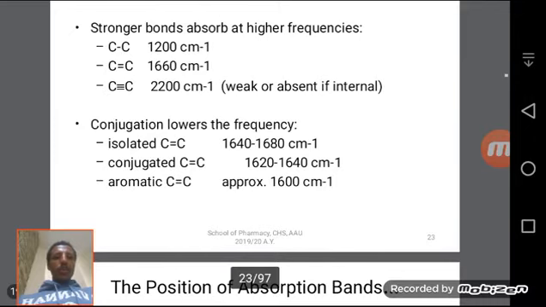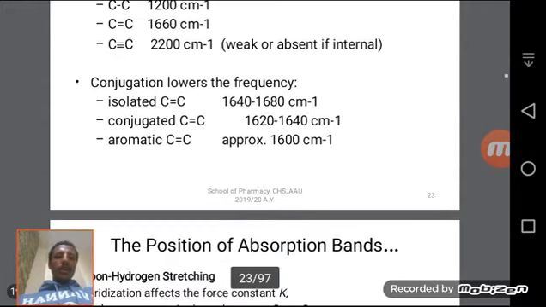Conjugation lowers the frequency. That means conjugation gives a partial single bond or partial double bond. For example, an isolated carbon-carbon double bond has a frequency of 1,640 up to 1,680 per centimeter.